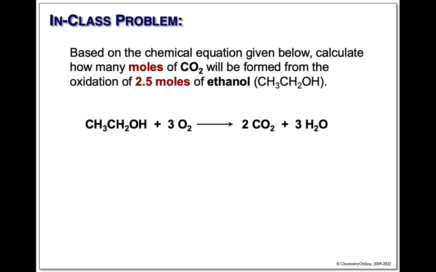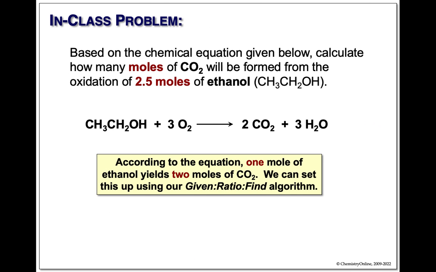How are we going to do this? Well, what we're going to do first is to look at our balanced equation and come up with a stoichiometric ratio for ethanol and CO2. According to our equation, for every 1 mole of ethanol, we're going to get 2 moles of CO2. So 1 to 2 is our ratio.